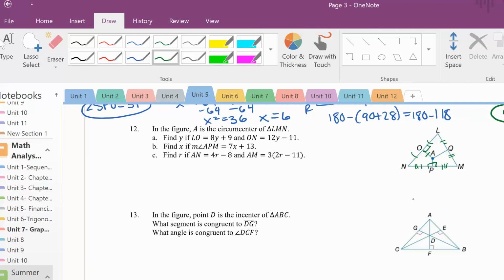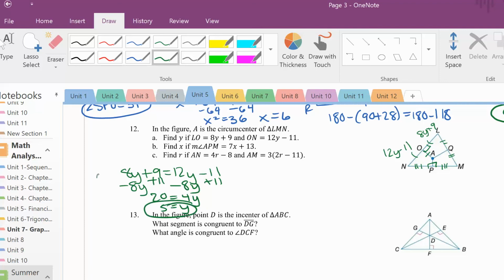So LO is equal to 8y plus 9, and ON is equal to 12y minus 11. So we have to set them equal to each other. So y is equal to 5.